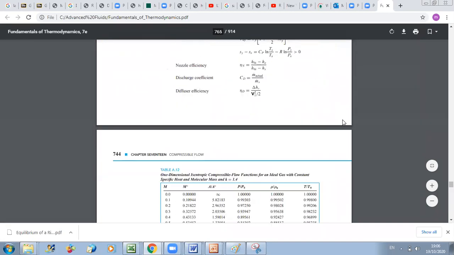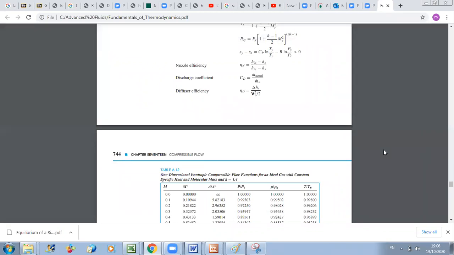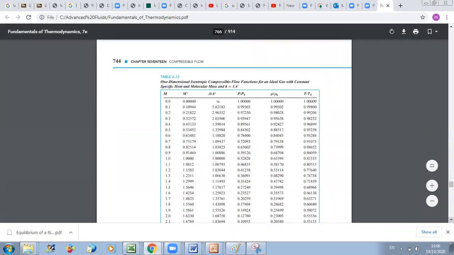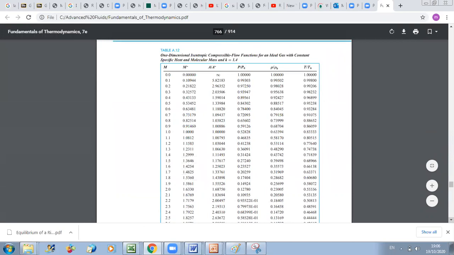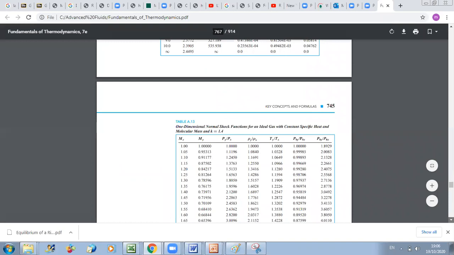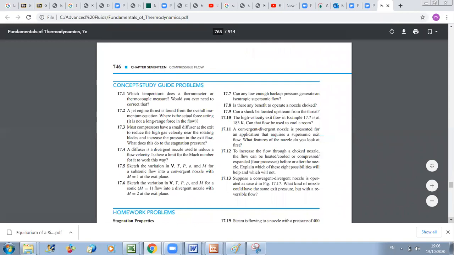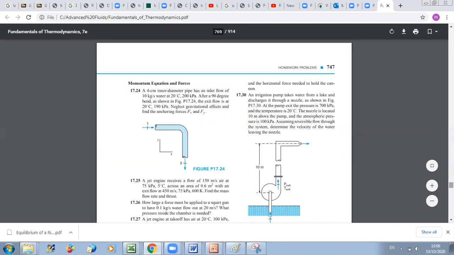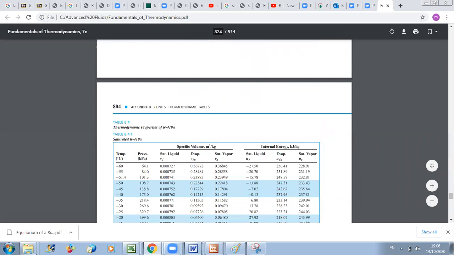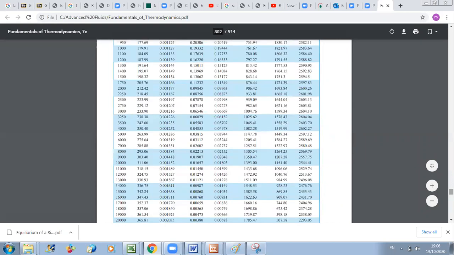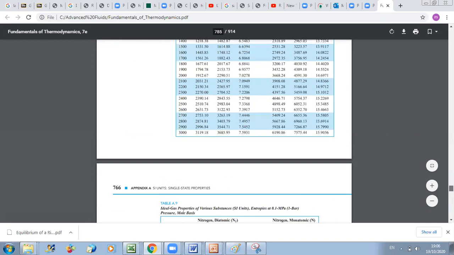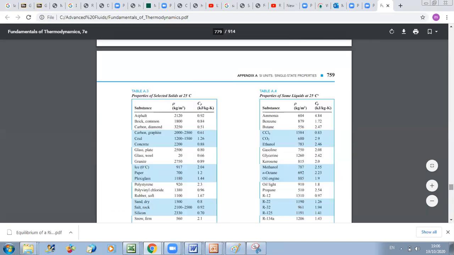So I will start from the first appendix. In appendix A, we will use appendix B more, but in appendix A, you have properties for several fluids. You can see here, for example, properties of solids and liquids at different temperatures.